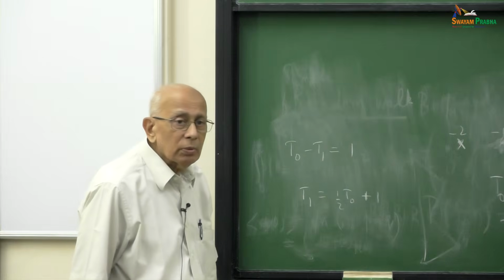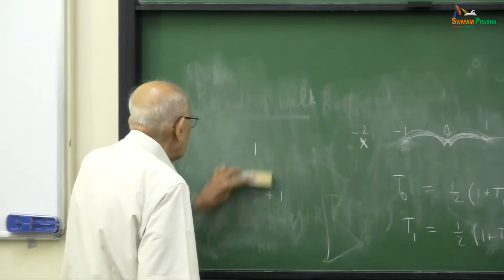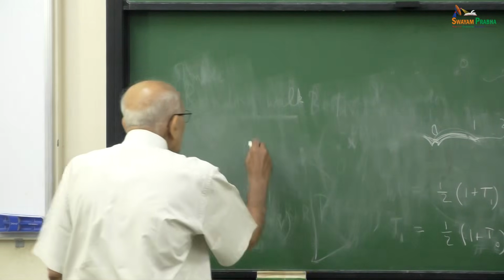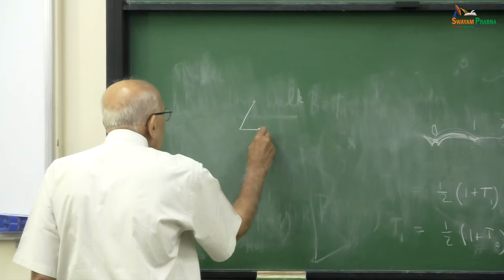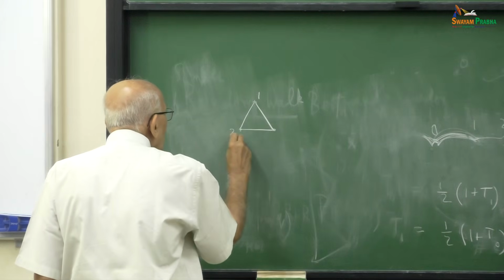But if you had walks which are a little more complicated, try this problem out. It's again just writing a set of equations. I take a triangle, let's call the vertices 1, 2, 3.